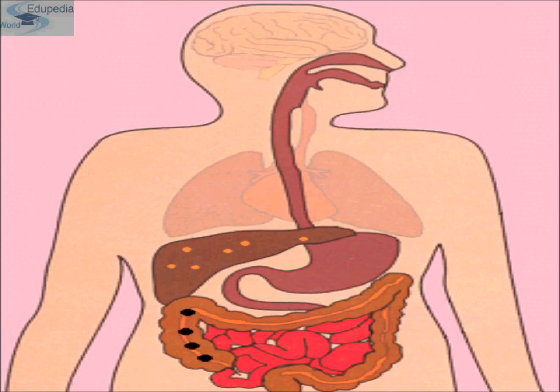It is by this process that the food moves along the alimentary canal. No digestion takes place in the esophagus. Then the food moves into the stomach. The cardiac sphincter guards the opening of the stomach, which is a muscular ring, which we'll be studying in detail.